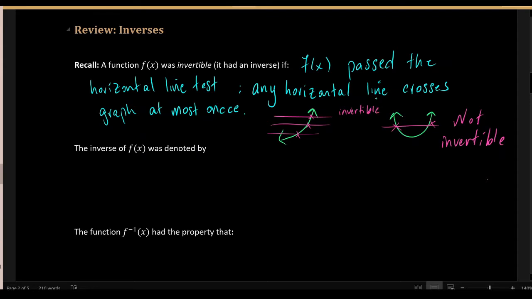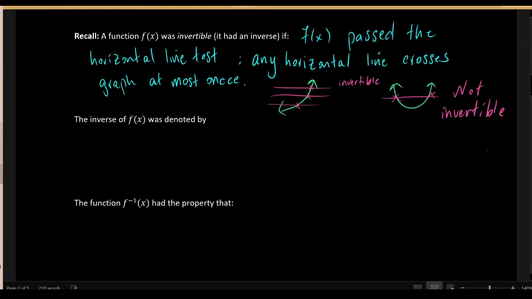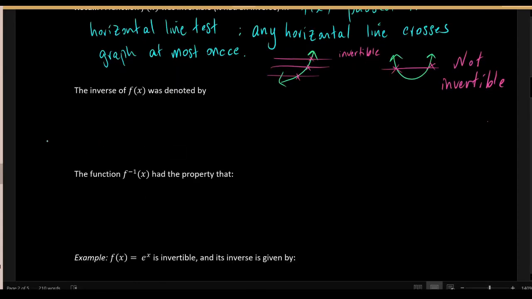Now, in the case that your function f(x) did have an inverse, that inverse got special notation to honor its relationship to the original function. The inverse function was denoted by f with an exponent of -1 before the parentheses x.